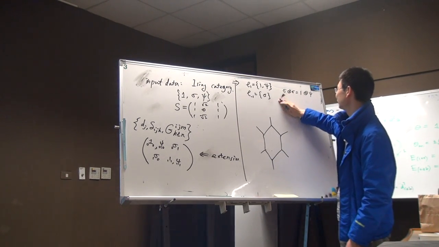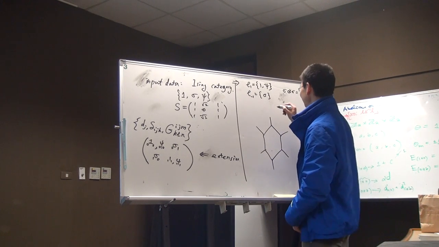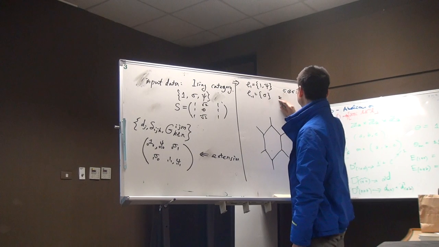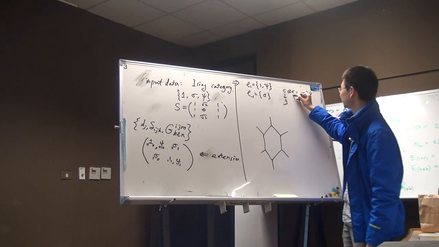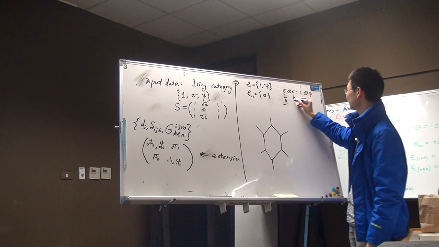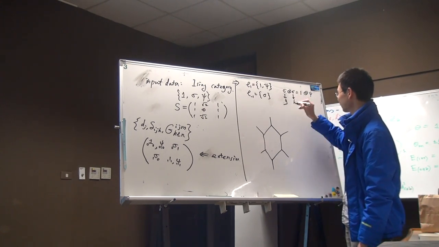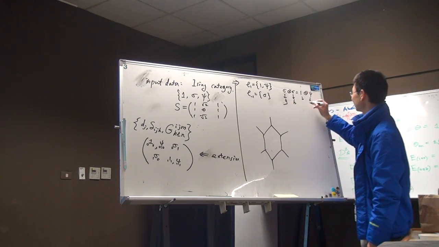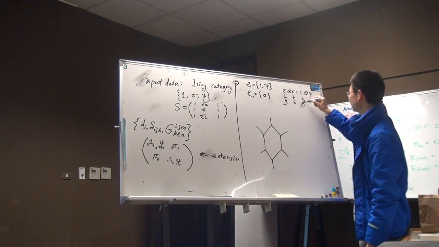So you see the fusion rule satisfies the group multiplication. In general, if this is associated with the group element G, and this is associated with group element H, then these 2 must be associated to GH.